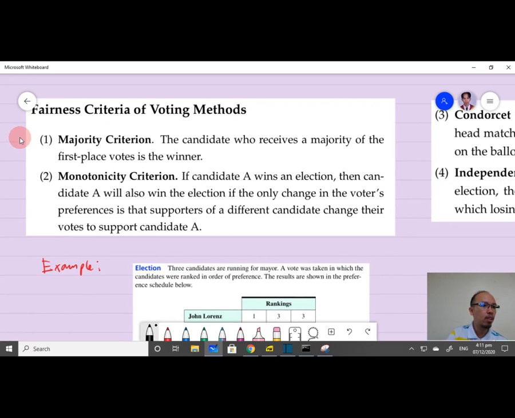Okay, so for the first one here, majority criterion, the candidate who receives a majority of the first place votes is the winner.